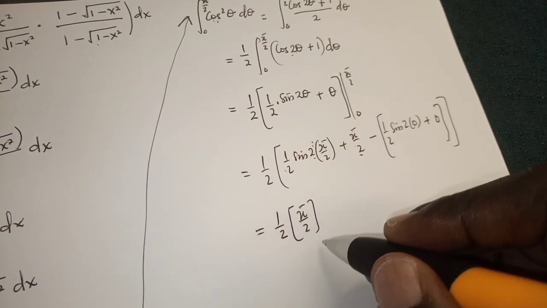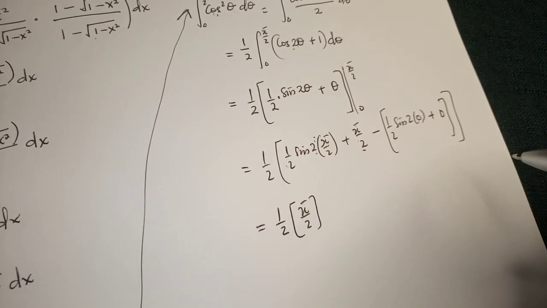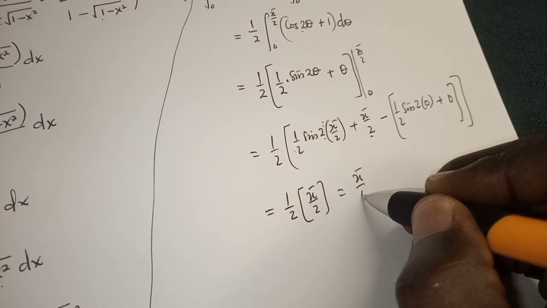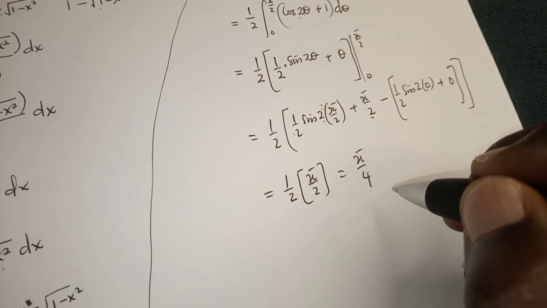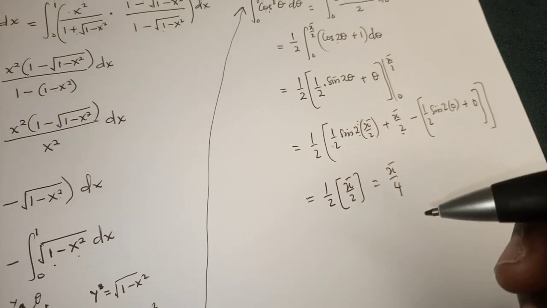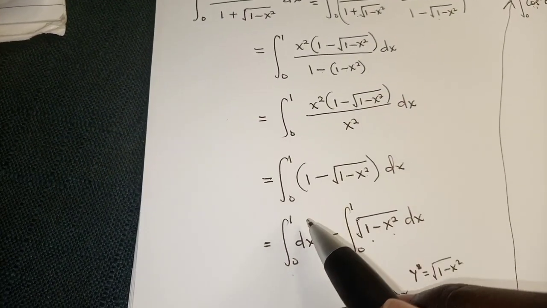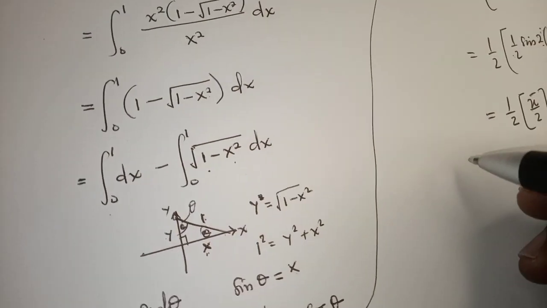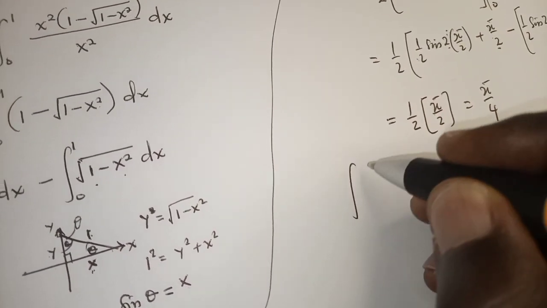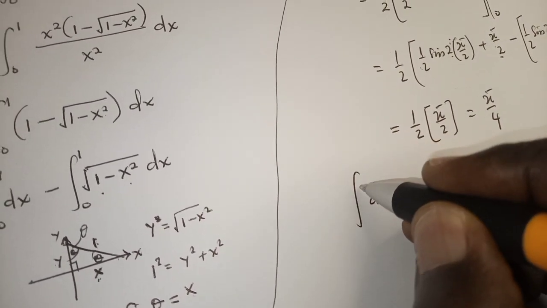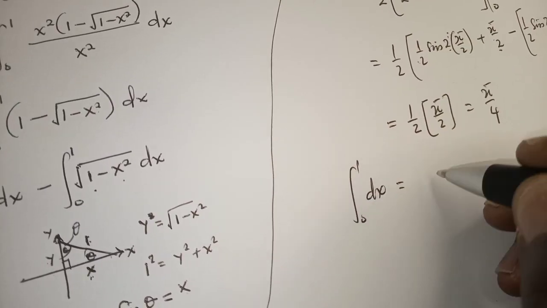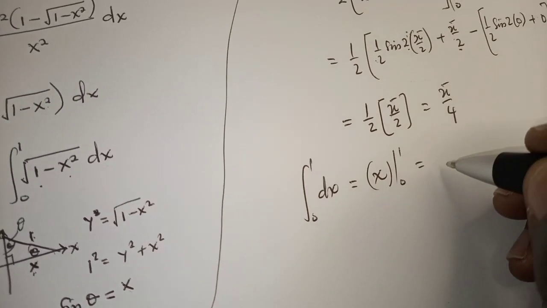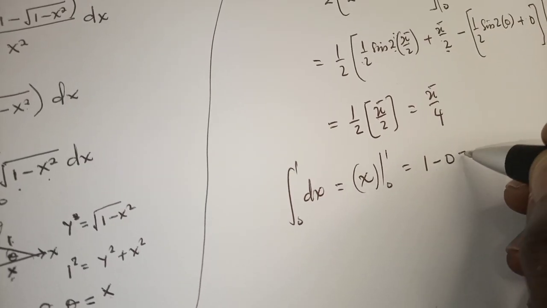So we should get pi on 4, but do not forget we already have a 1 from the beginning here. When we integrate the dx from 0 to 1, you'll be getting x, so 0 to 1, and that should give you 1 minus 0, which is equal to 1.